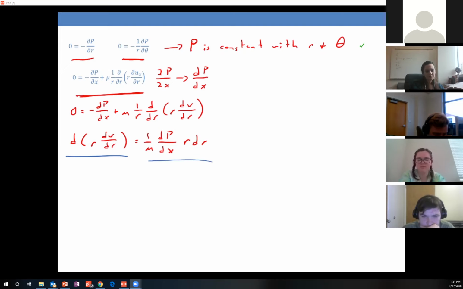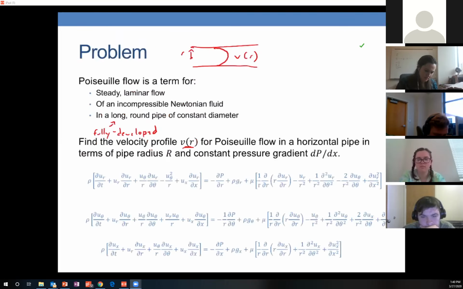Okay, so this. Question. Mm-hmm. So with the dx and the dr being on the same thing, do we have to do a double integral? We do not, because dp dx is a constant. It says dp dx, but a constant pressure gradient dp dx is what we were told. And in fact, you know what?